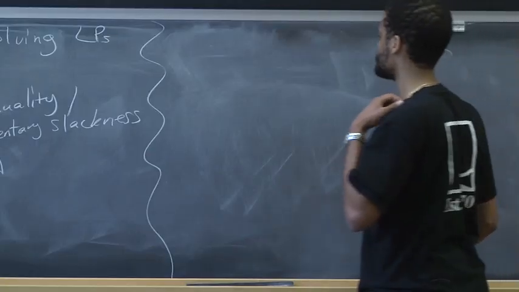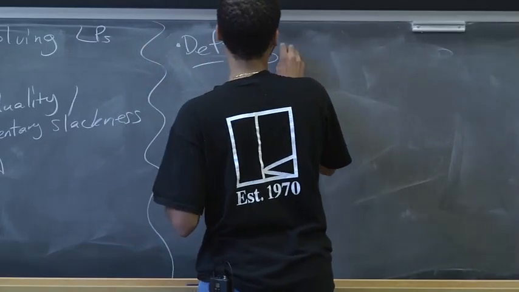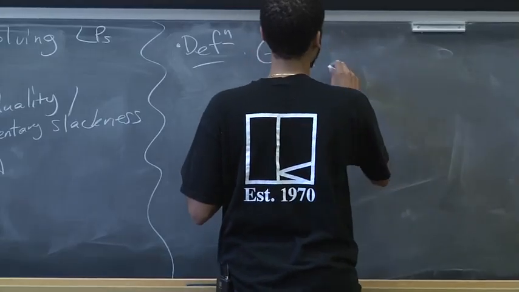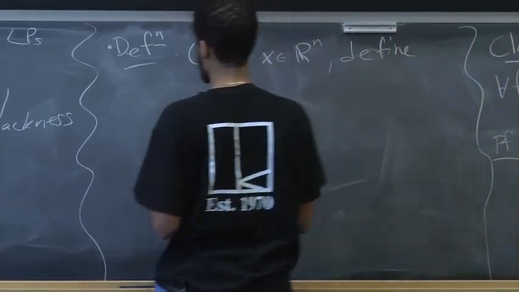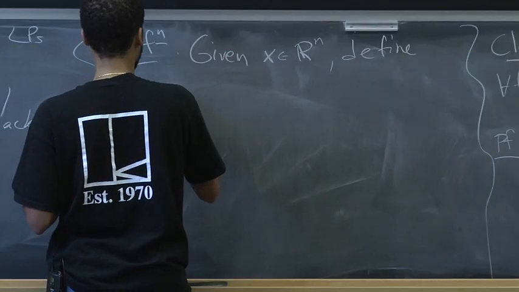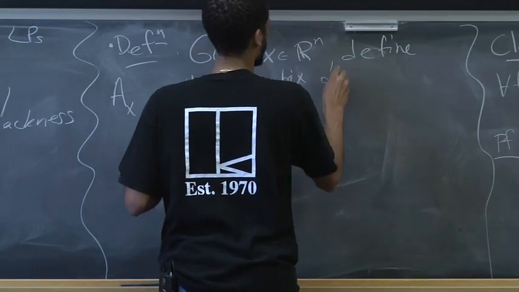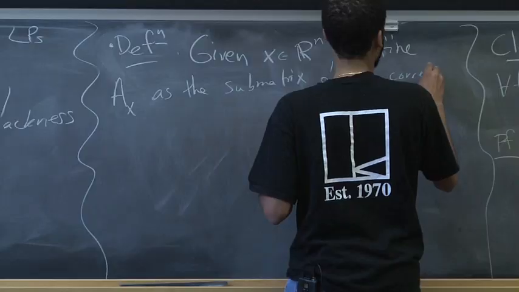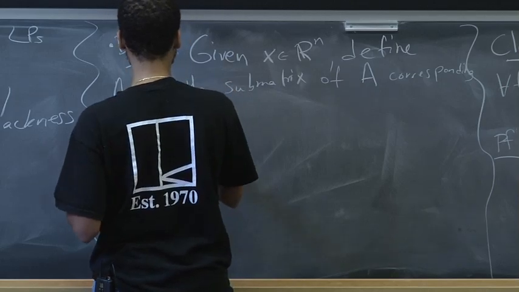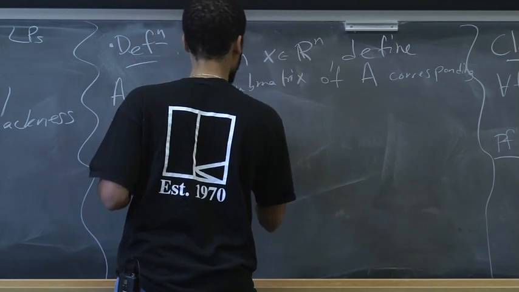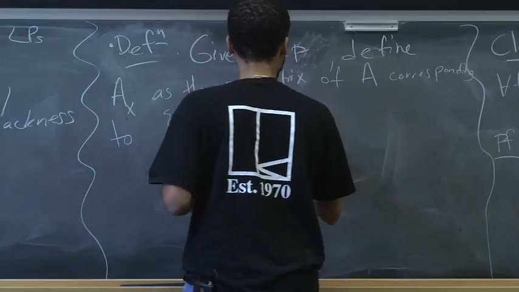So definition: given some x in Rn, where x is in P, define A sub x as the submatrix of A corresponding to the indices j such that xj is strictly bigger than 0.